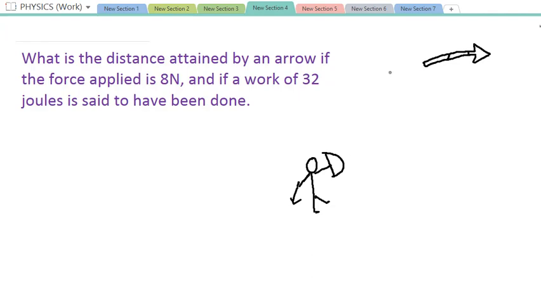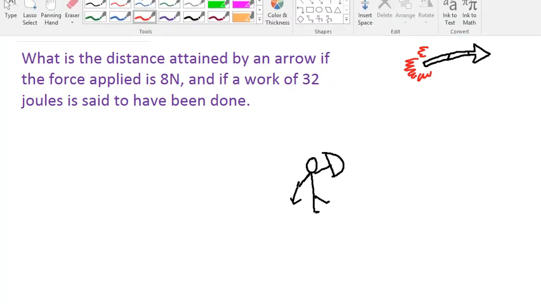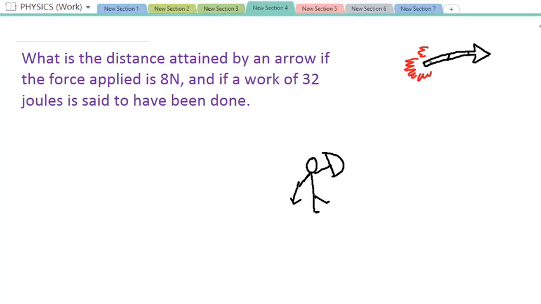Let's get our colors to make it look cool. So this arrow has moved from this point. Let's say he's shooting a series of arrows, and this particular arrow has moved from here where he shot it and up to this point. So what is the distance?